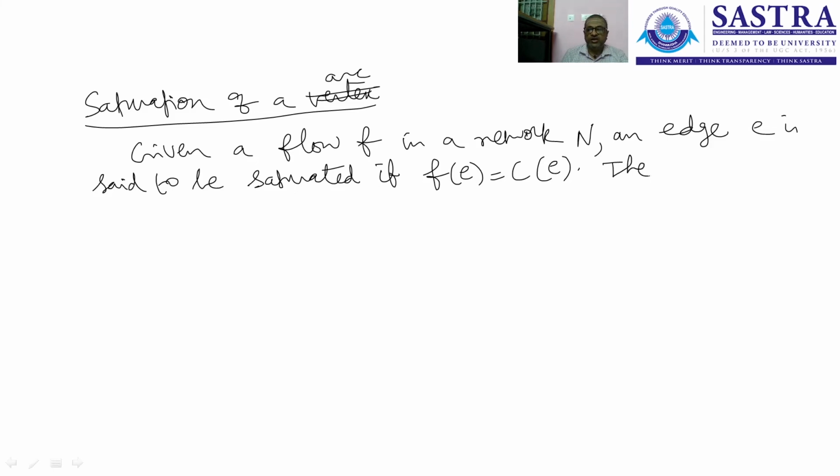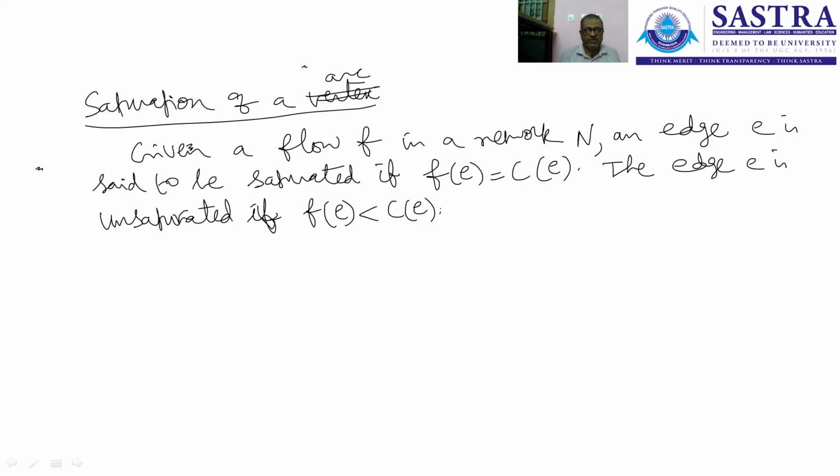The edge E is said to be unsaturated if f of E is strictly less than C of E. That is, still some more flow can be done.